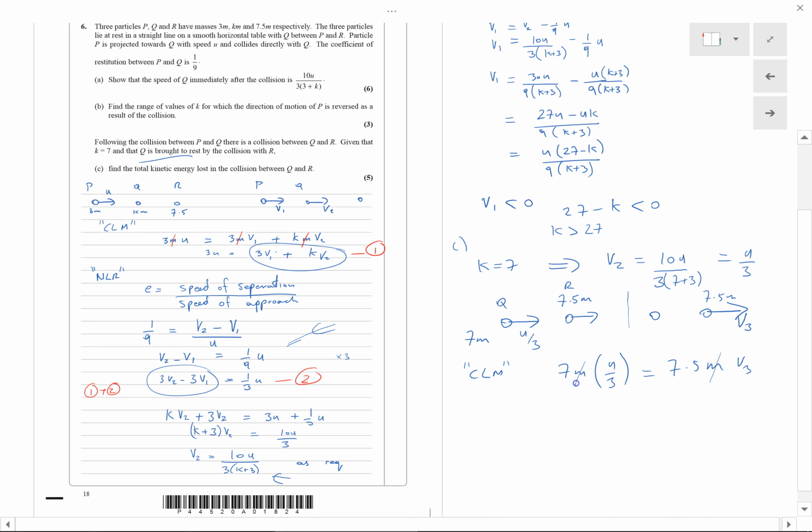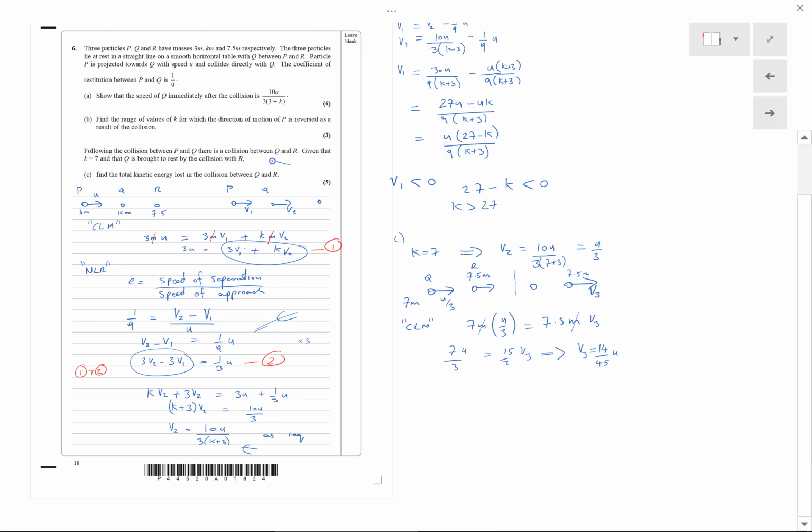Obviously the m cancels, and we get 7u over 3 is equal to 15 over 2 v3, which gives us that V3 is equal to 14 over 45 u.